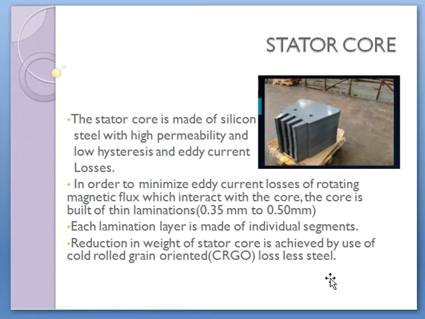The stator core is made of silicon steel with high permeability and low hysteresis and eddy current losses. In order to minimize the eddy current losses from the rotating magnetic flux which interacts with the core, it is built of thin laminations of about 0.35 millimeters to 0.5 millimeters.